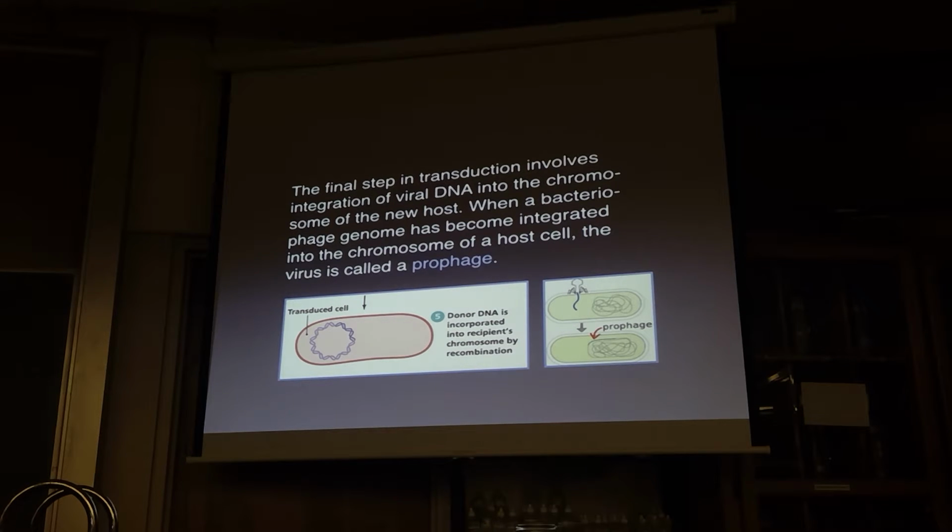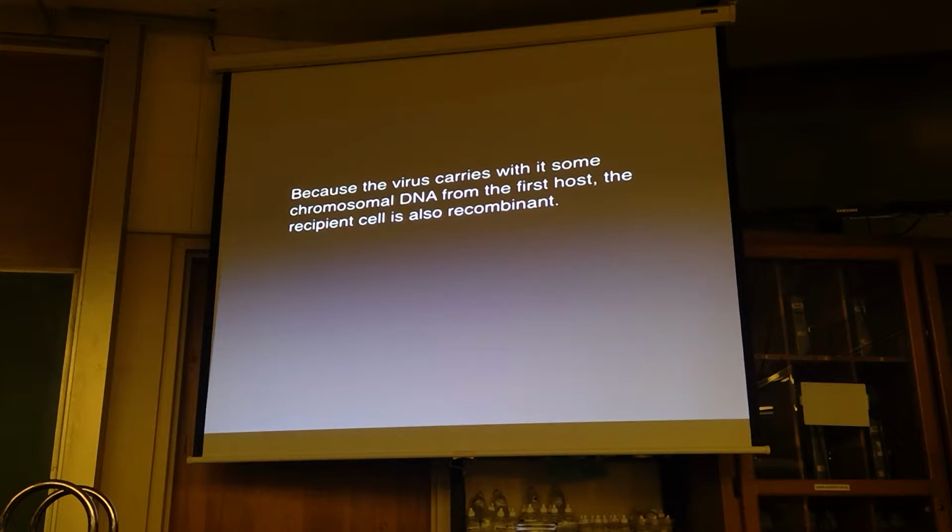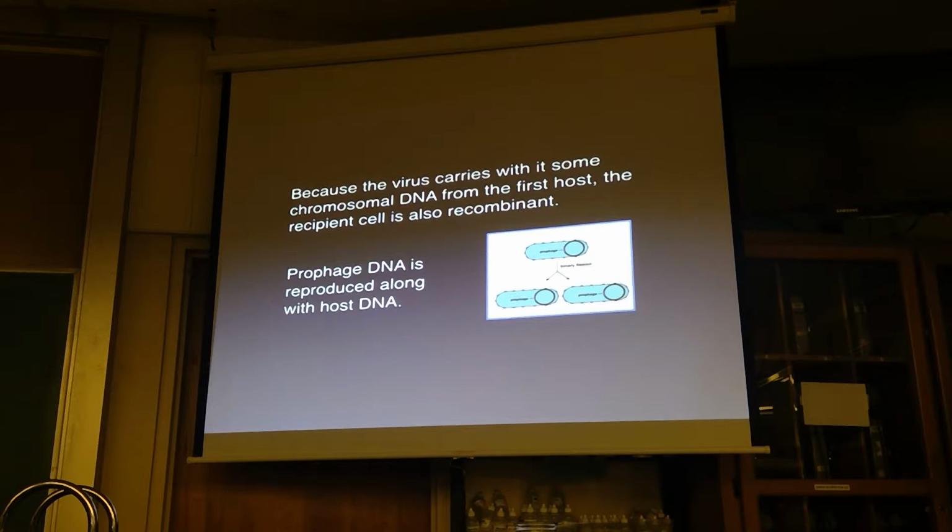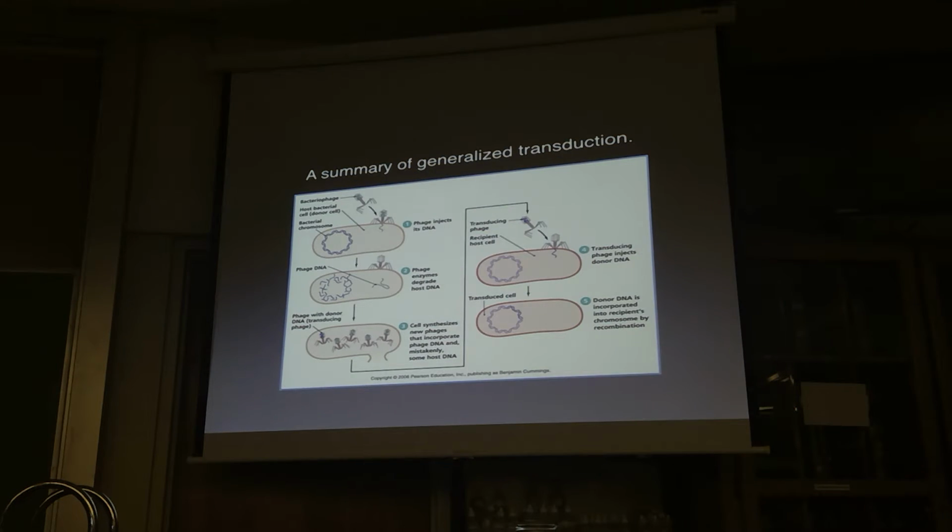And it can stay there indefinitely. That cell will now replicate its chromosome, and it will replicate the viral DNA right along with it. And if that virus was carrying some other bacterial DNA, then that new host is recombinant. And again, it's just going to be reproduced right along with the host chromosome.